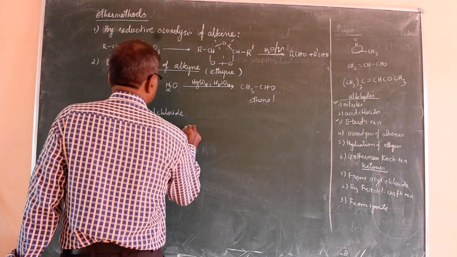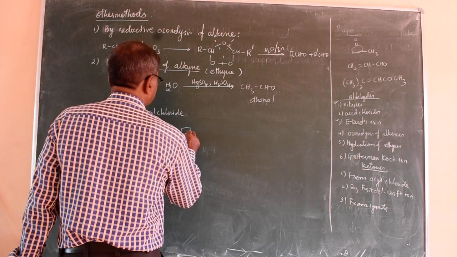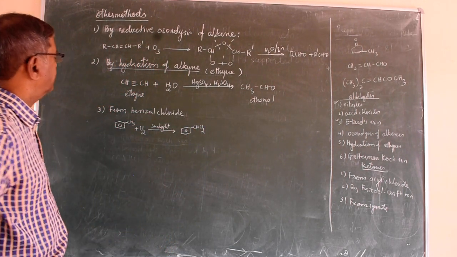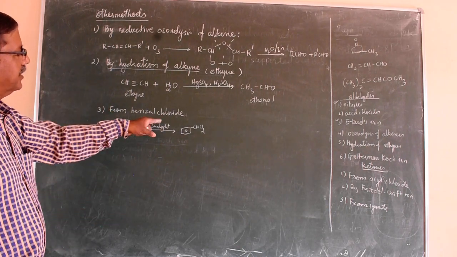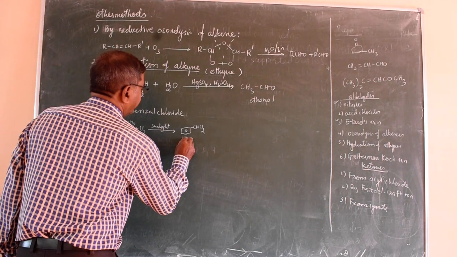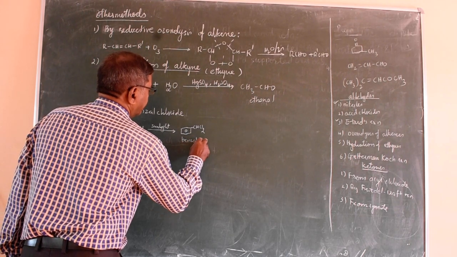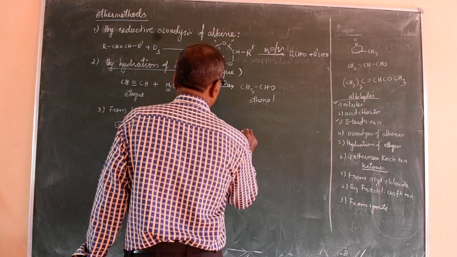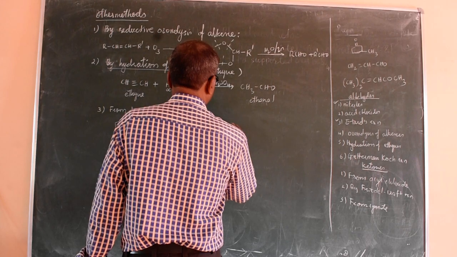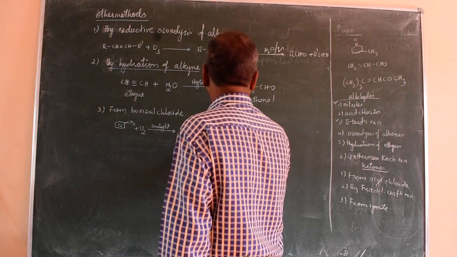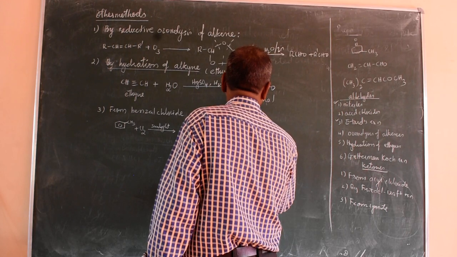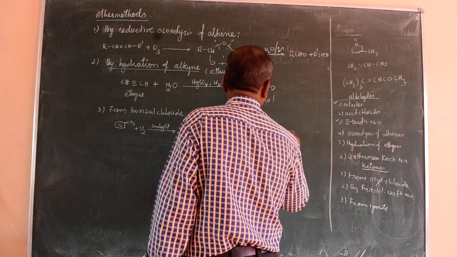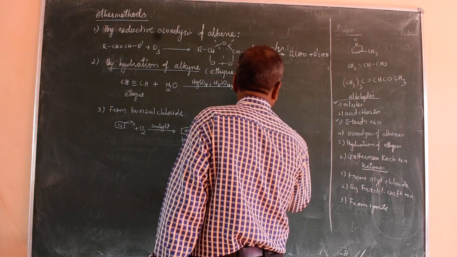The first product is C6H5CH2Cl, the second product is C6H5CHCl2. So benzal chloride, on treating with a solution of NaOH, gives benzaldehyde. Benzaldehyde is the product. One more is NaCl.